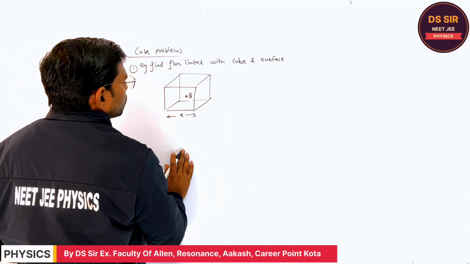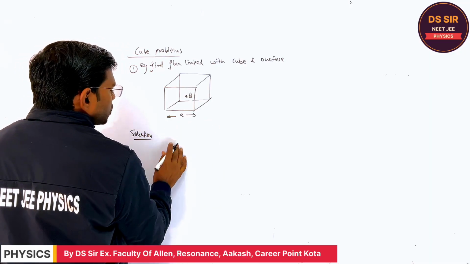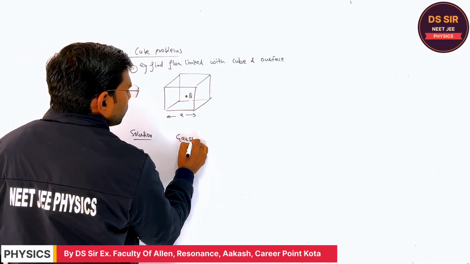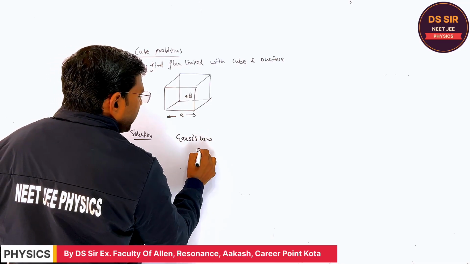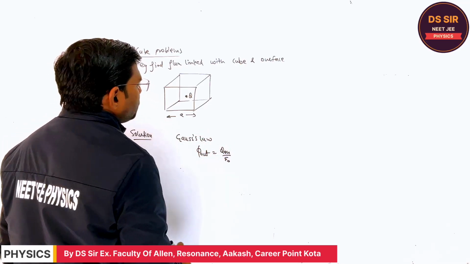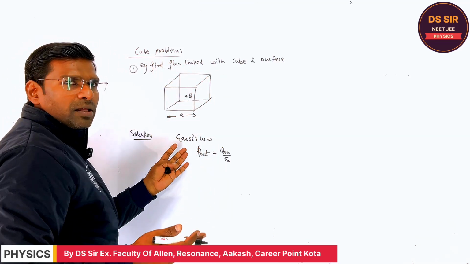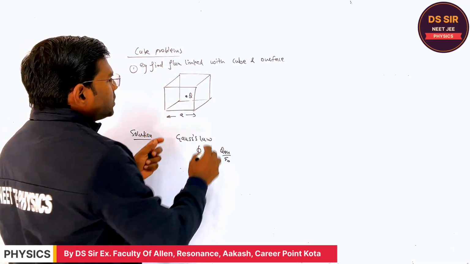So how to solve this question? If you apply Gauss's law, the net outward flux is equal to the charge enclosed divided by epsilon naught. Assume this cube is the Gaussian surface.